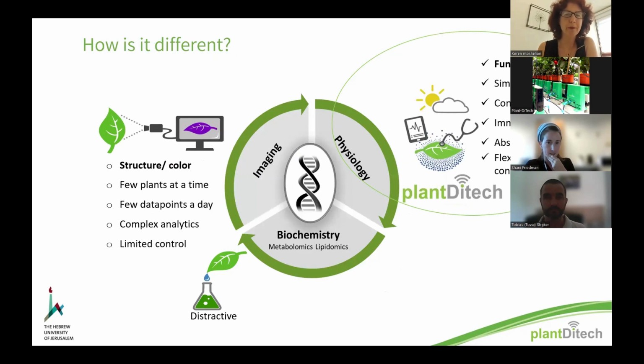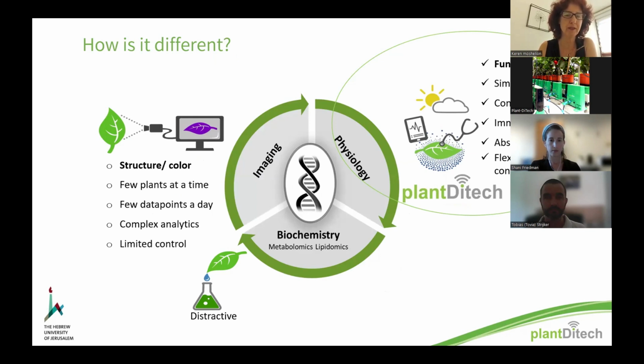system. What is the difference between this system and other high-throughput systems, which are mostly imaging? We're quite unique in this space because we are measuring the function of the plant rather than the morphology, the structure or the color of the plant. So it's a direct measurement of the functionality of the plant.